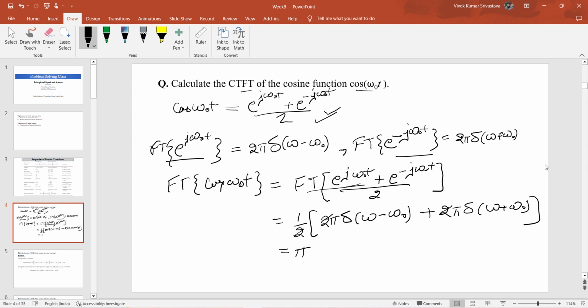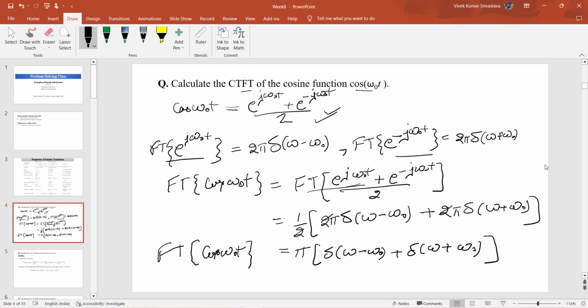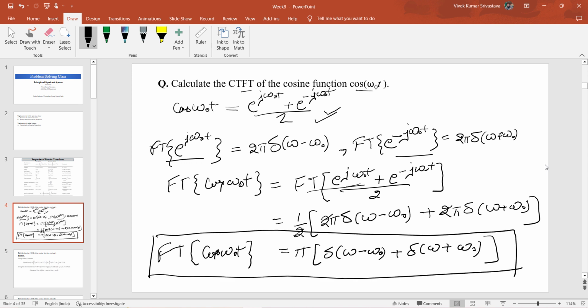So the Fourier transform of cos of omega naught t will be equal to pi times delta of omega minus omega naught plus delta of omega plus omega naught. That is how we can evaluate the Fourier transform of cos of omega naught t.